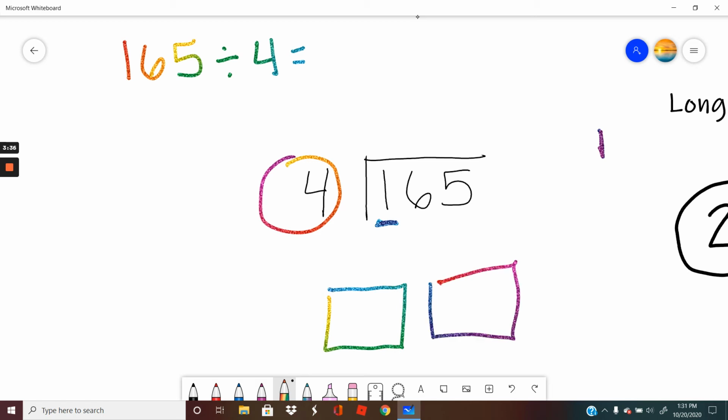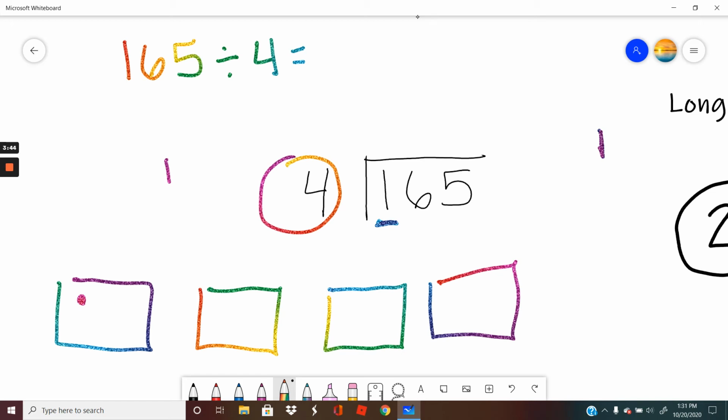Because we got a 0, that means we have to use the next number here. So now I have 16. What this is asking is, if I have 16 things and I split them into groups of 4, how many are going to be in each group?